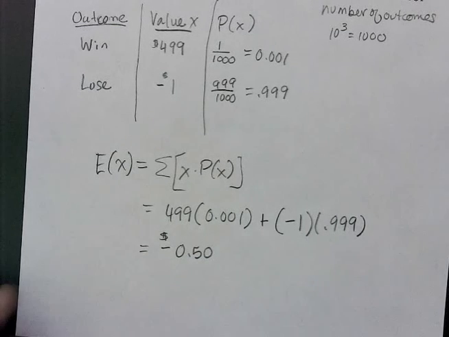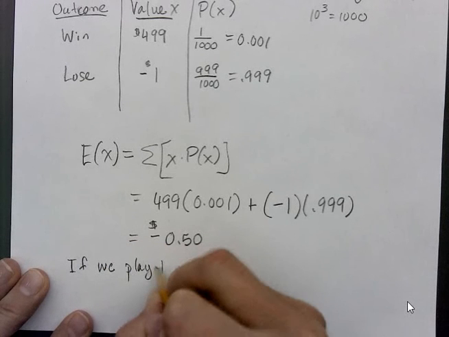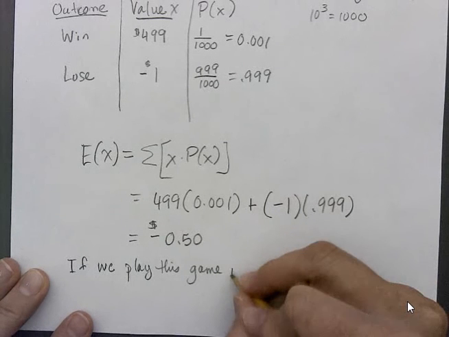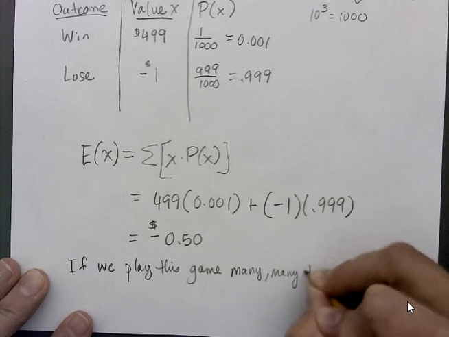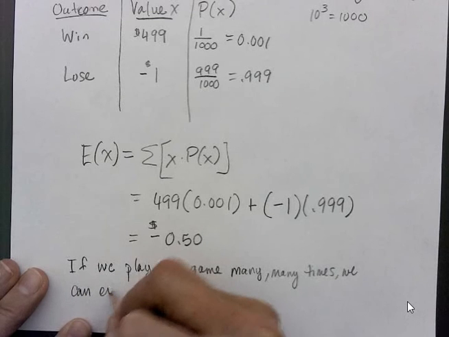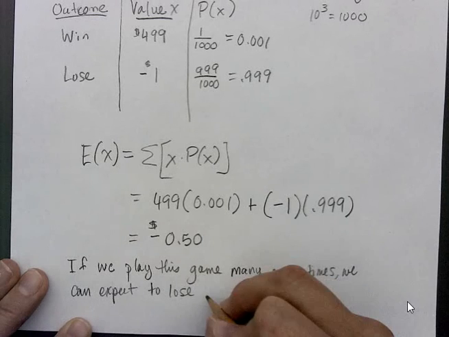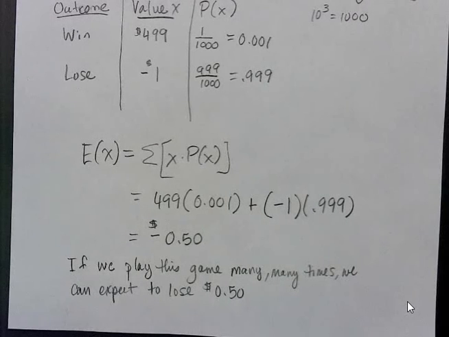So that's the interpretation. If we play this game many times, we can expect to lose 50 cents, or $0.50, per game.